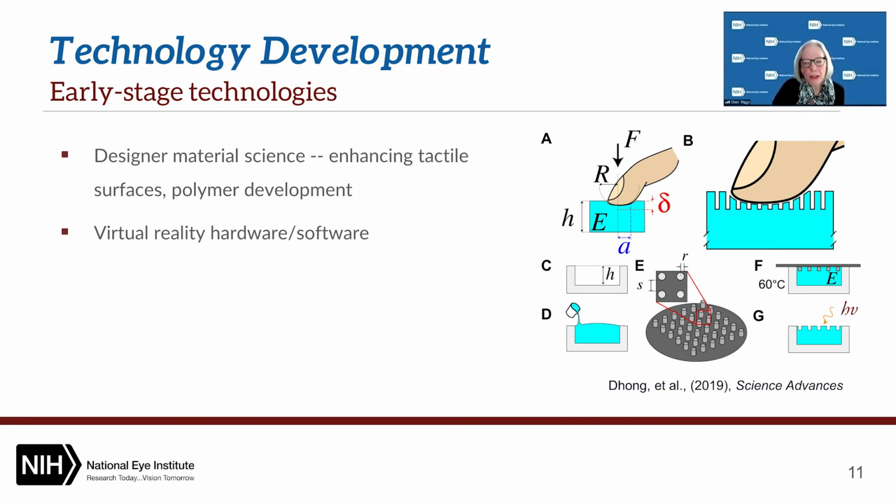As I noted in the earlier slide, most of the technology development that's represented in my portfolio is devoted to creating accessibility devices that use a particular strategy to target a particular activity. But there's also some work coming in that focuses on new technologies that have potential for use.